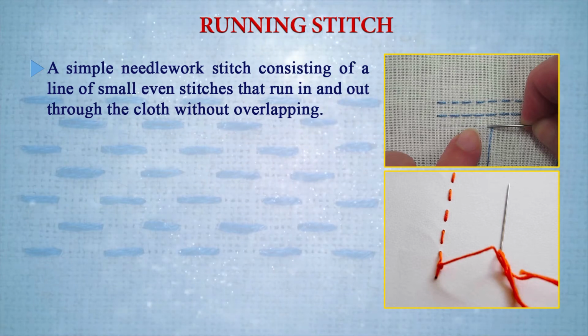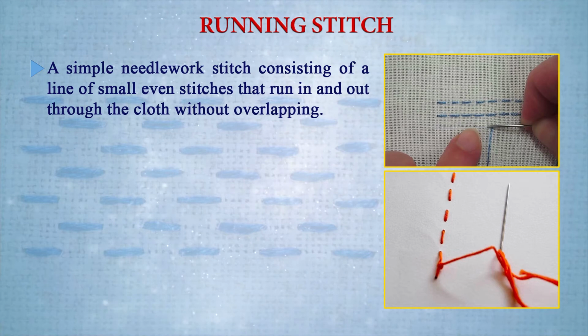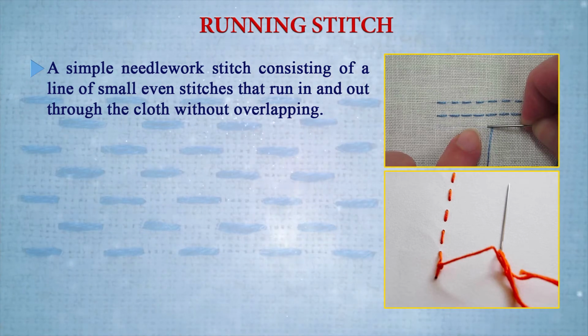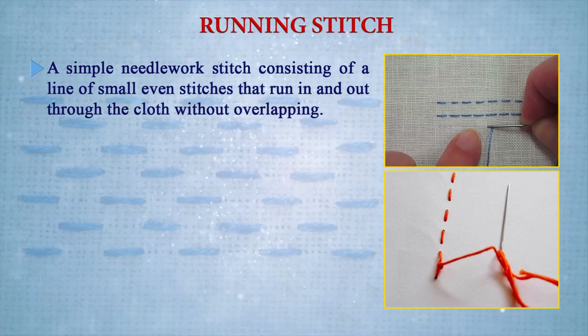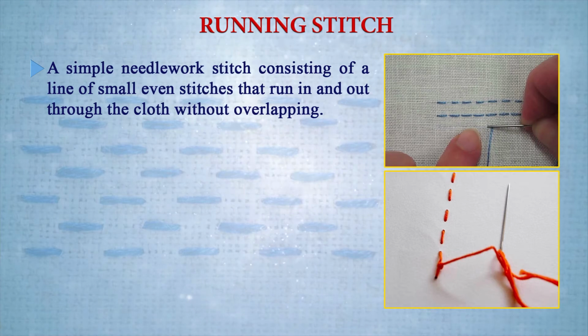So in the basting what we did, it is like back stitch, what we did was one running stitch and another stitch with overlapping. So in the running stitch we do not do the overlapping on the first stitch we made.